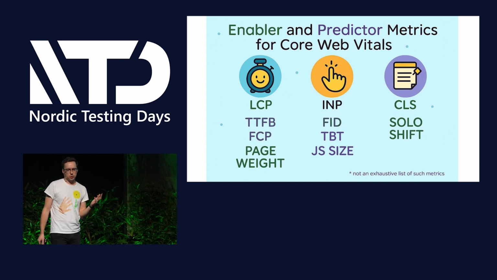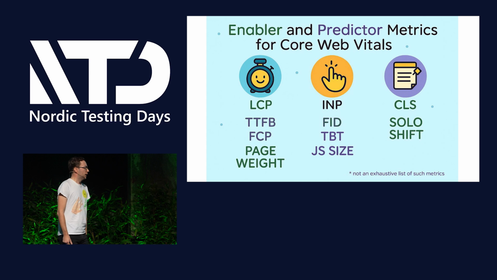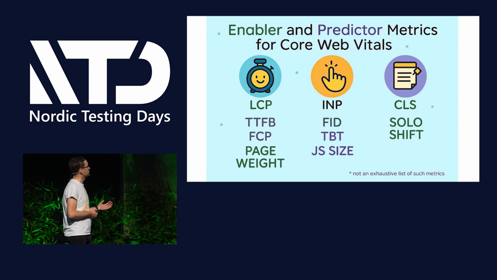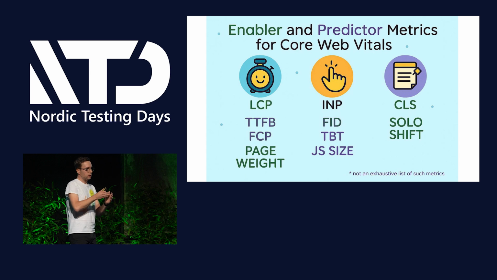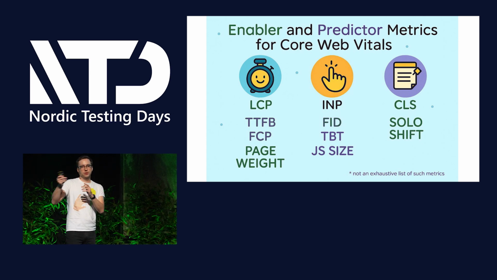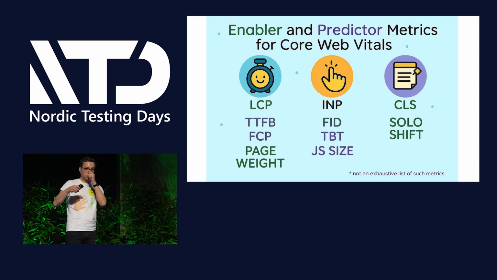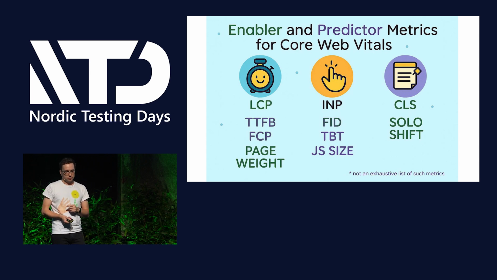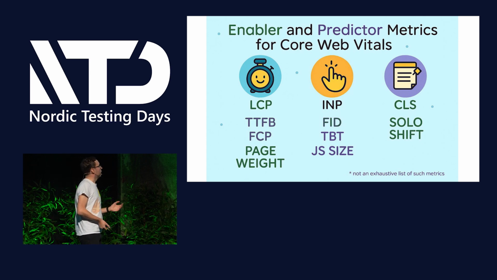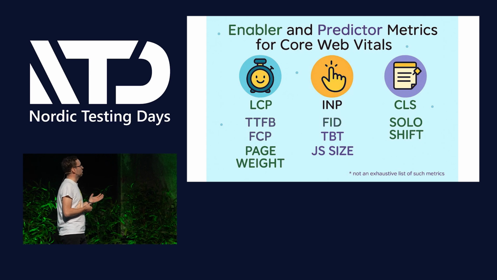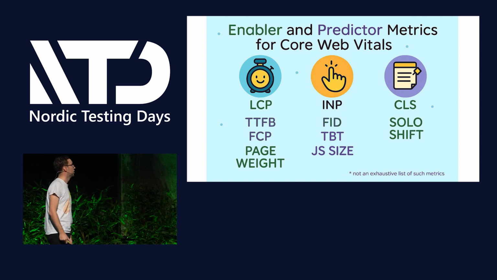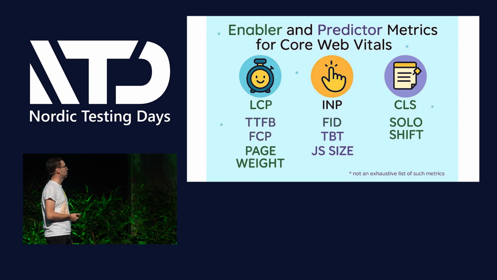These terms, I think, were coined by Harry Roberts. Time to first byte, for example, is the time it takes for the server to give you the first byte of the HTML document when it's loaded. So this gives you a hint that if this time is really slow, then the LCP can't be quicker than that, definitely. So it gives you a hint of what to optimize for.